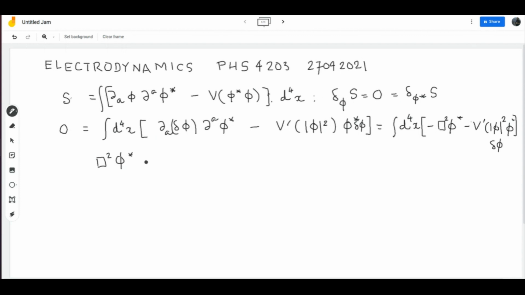Okay. So that's the equation of motion for phi star. So this is equal to 0 and this is equal to, by doing the variation with respect to phi star, what you will get is, this is something you can check, but it's obvious that you'll get this.